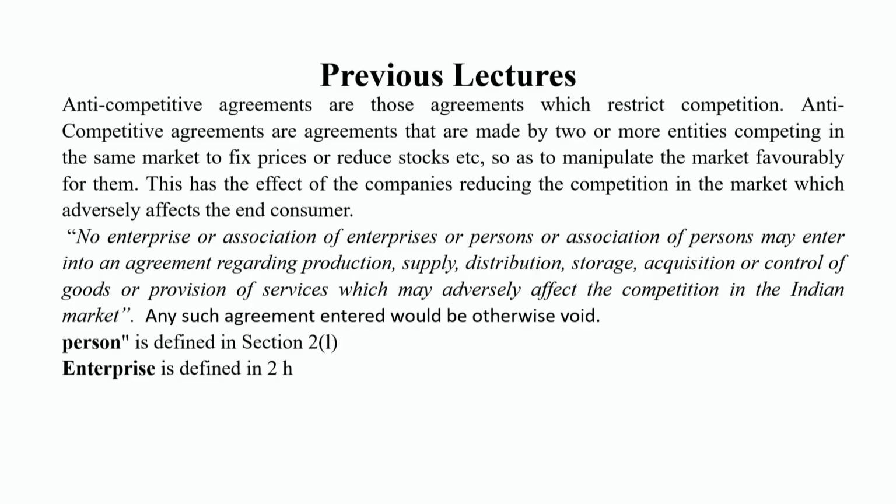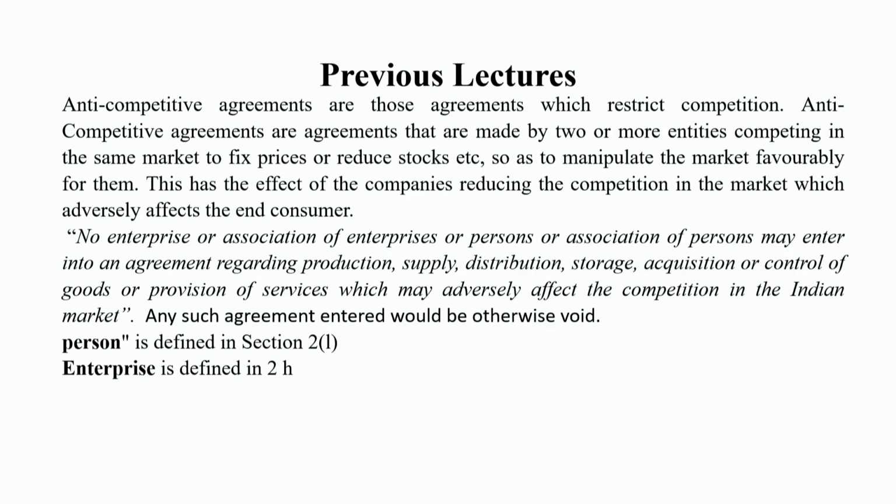The first is the general provision related to anti-competitive agreements, dealt with in Section 3 subclauses 1 and 2. The second is the prohibition of anti-competitive vertical agreements, Section 3 subclause 4, and horizontal agreements in subclause 3, and the exceptional clause in subsection 5.